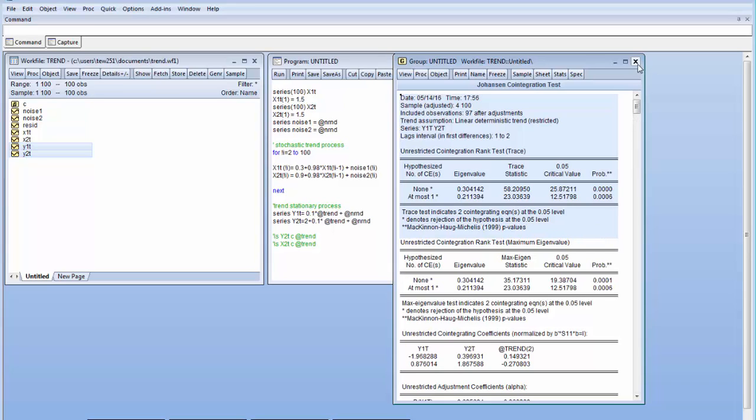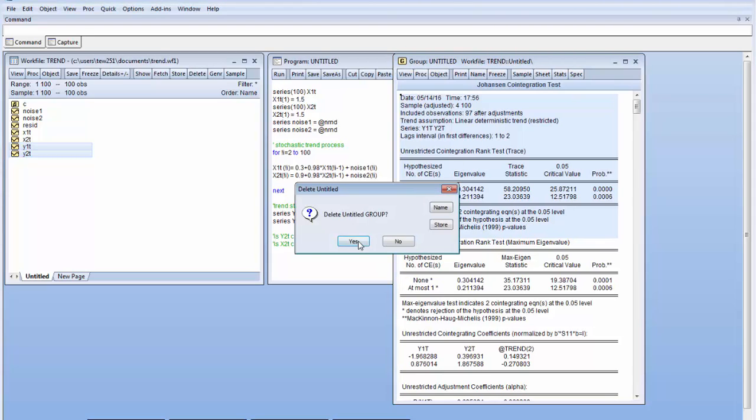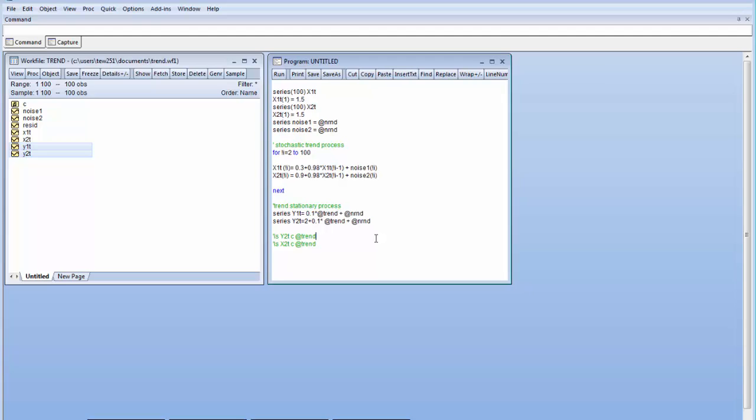So we have to run the VAR using detrended variables. What we do now is edit this. Usually we have to run a regression for that. So let's run this for, what was it, YT? Yes, YT. So this code will now run a regression of YT on a constant and a trend.